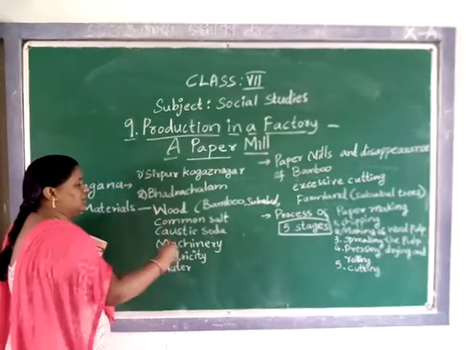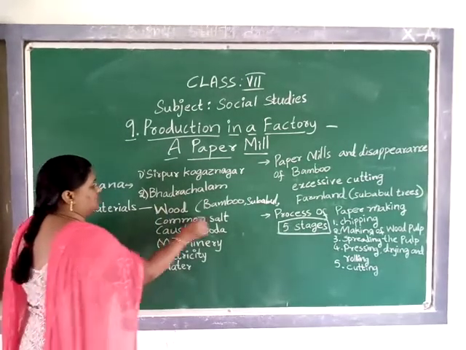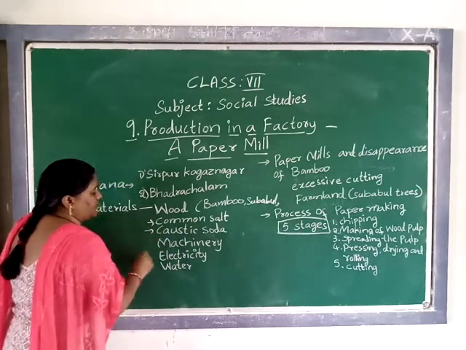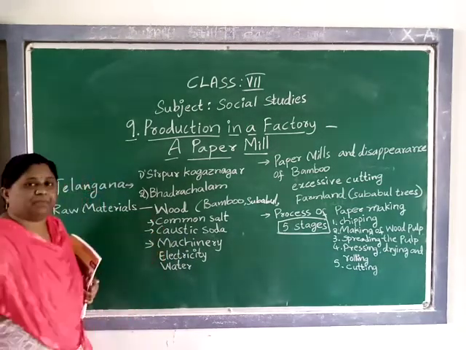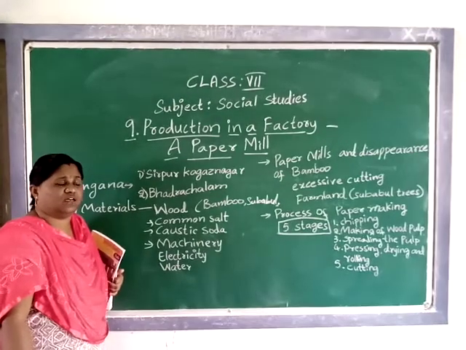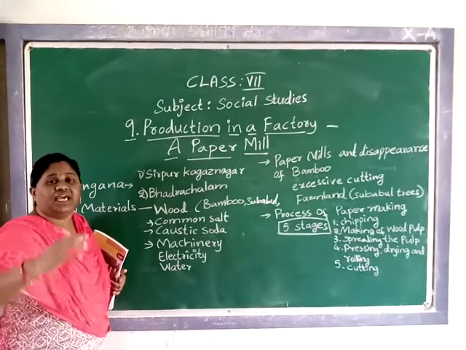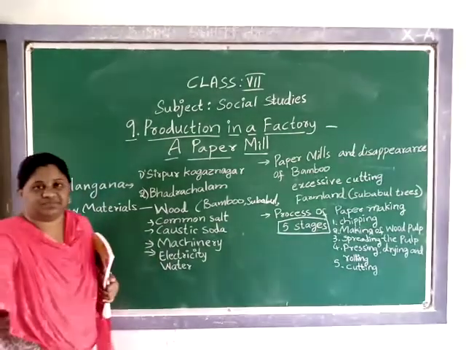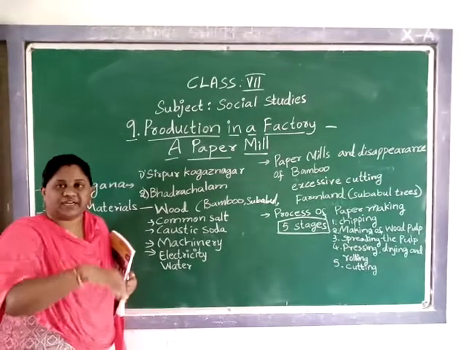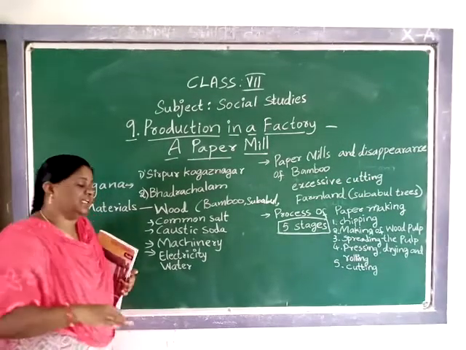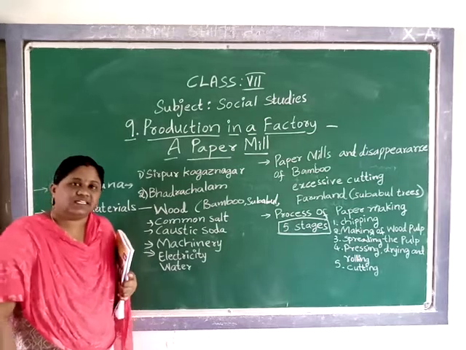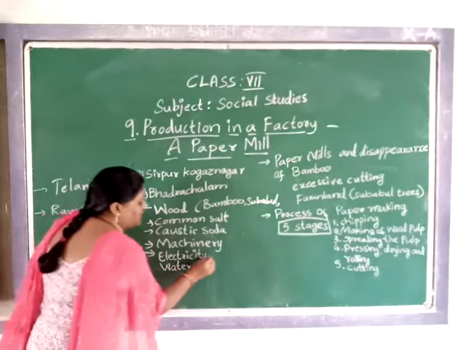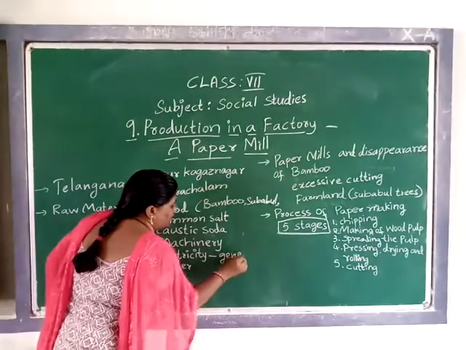Along with that, they use common salt and caustic soda. And for making paper in the factories, they need huge, heavy machinery, as well as electricity to run all this machinery. This electricity they also produce in their own factories by generators.